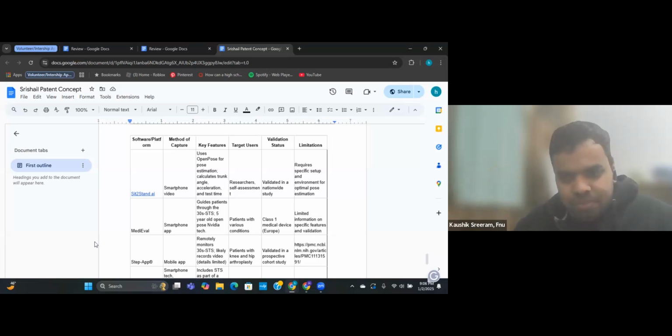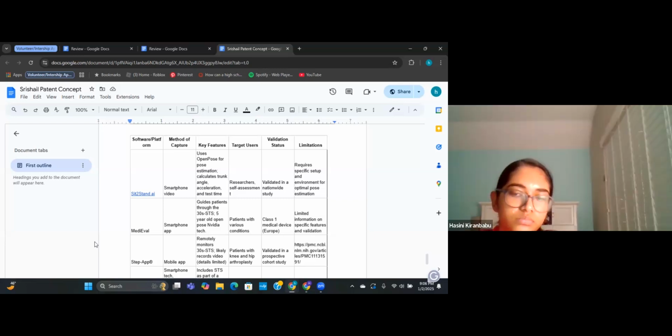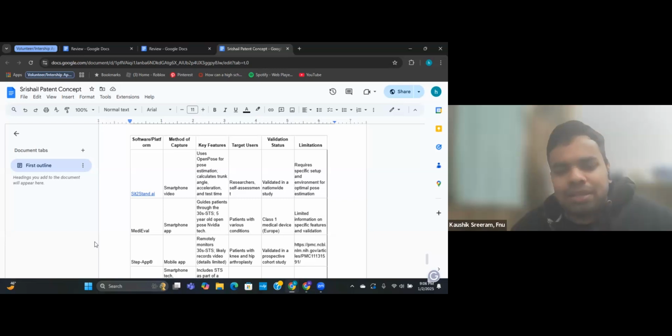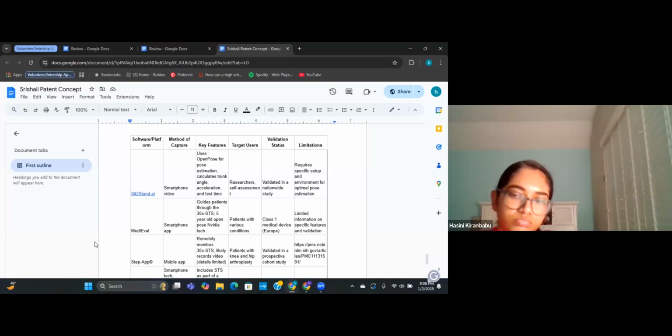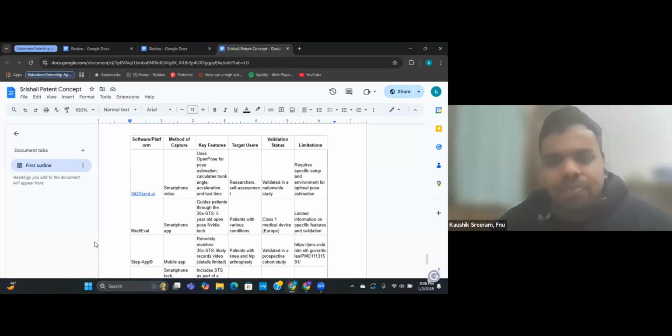And then it has been validated in other diseases and they have these apps. So there is potential to do it. That's what I would put. Make it more scientific, make it more robust. If you do the same thing for the 6 minute walk test, you'll have a more clear understanding.